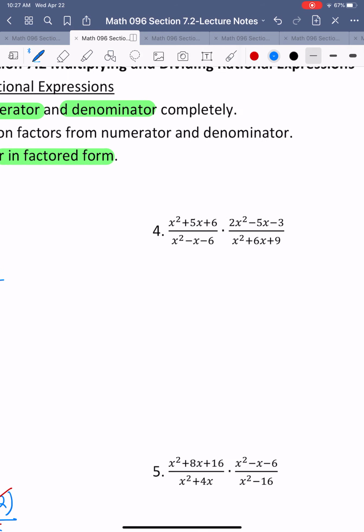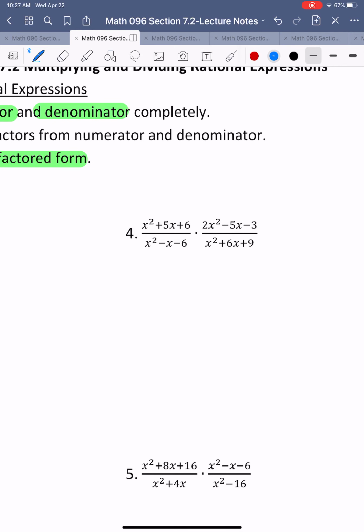All right, now in number 4, so x squared plus 5x plus 6, you need to use the x factor to get 6 here, 5 here, x and x. And then two numbers from the 6, which is 2 and 3, and 2 plus 3 is 5, 2 times 3 is 6, it works.